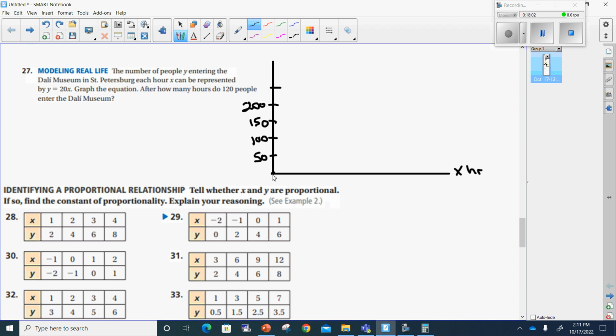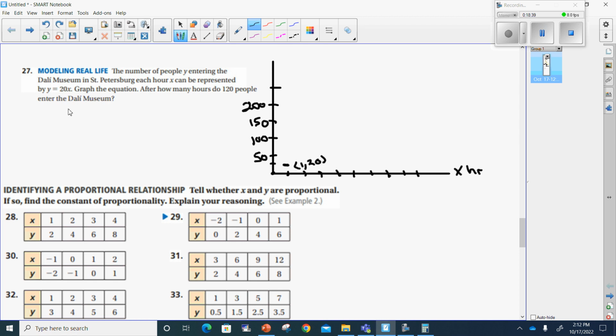It's coming straight through the origin. 20 over 1 is going to put us, well, if this is 25, and then we could say this was 1 hour, 2 hours, 3 hours, 4, 5, 6, 7, 8, 9. So at 1 hour, we'd be at 20, and that would be about right here. We could even put 1 and 20.